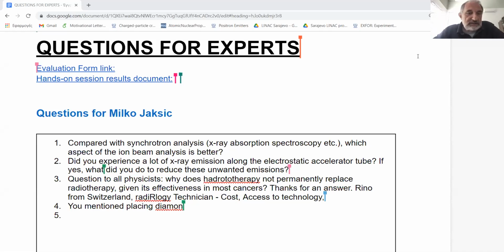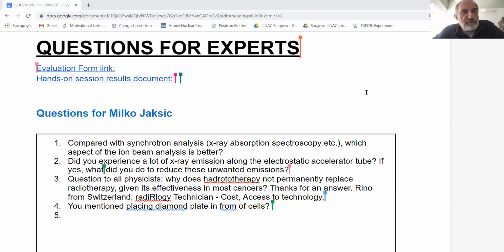Yeah, diamond. I guess yes. Diamond detectors are extremely perspective, in my opinion, because diamond is a unique material. So imagine you can produce a diamond membrane of only 1 or 2 microns thick. So it can serve as a window towards the cells.